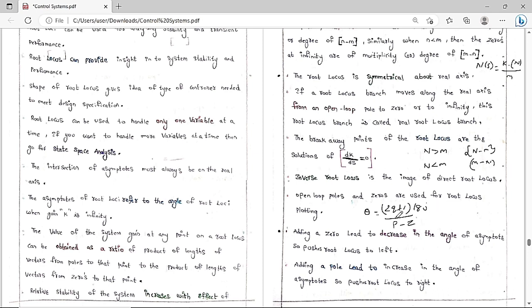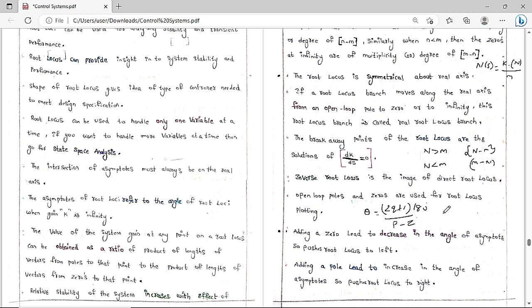This point you always have to keep in mind. Finally, I can say one important thing: if you add a zero to the open loop transfer function, the root locus is going to shift, because as the number of zeros increases, the denominator decreases.